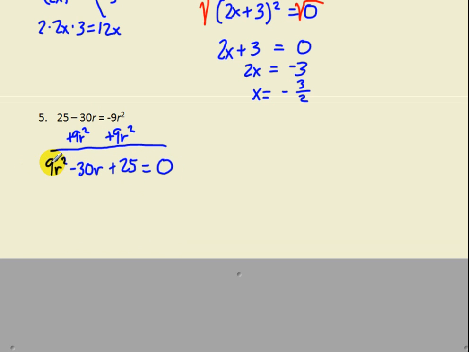And you might notice, oh, 9r squared is a perfect square. That's equal to 3r squared. And 25 is equal to 5 squared. So what happens when we take 2 times 3r times 5? We end up with 6r times 5, which is 30r.